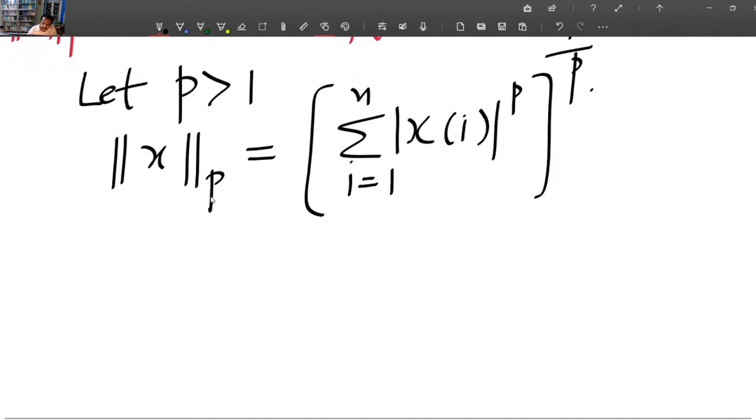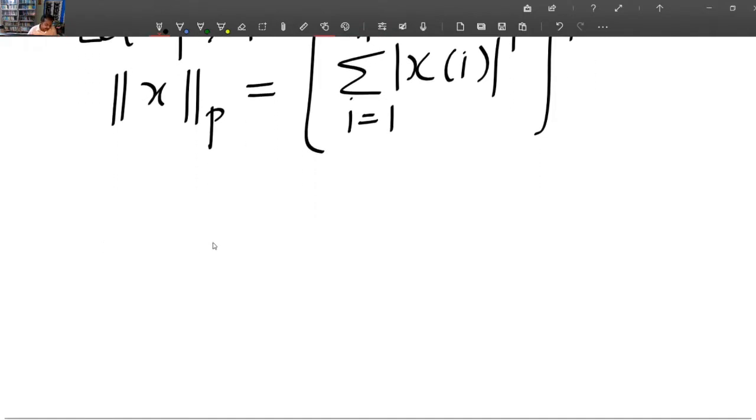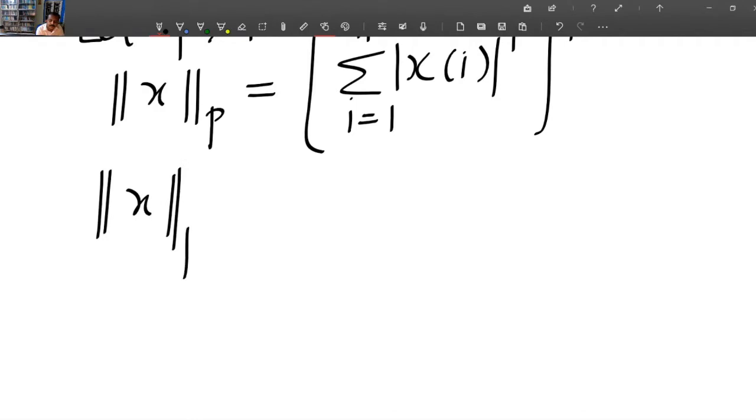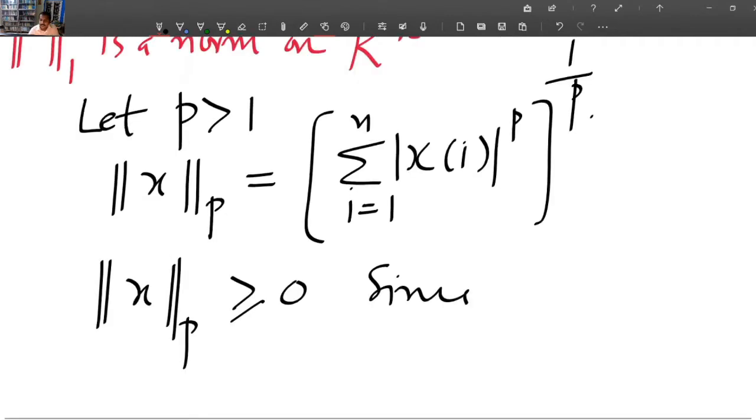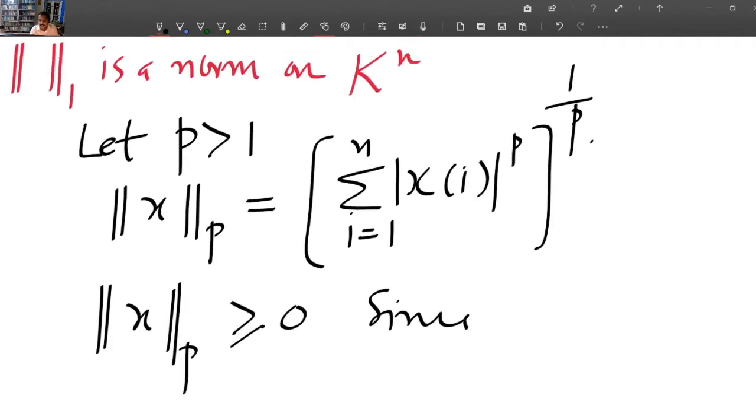Now you have to show that it is always non-negative. So we have p norm of x is greater than or equal to 0, since you can see that each term of this sum is positive, so it is raised to a power p which is positive, and the whole sum raised to 1 by p is positive.